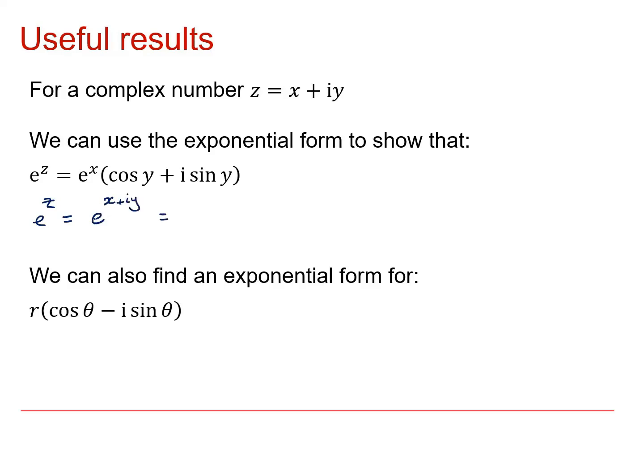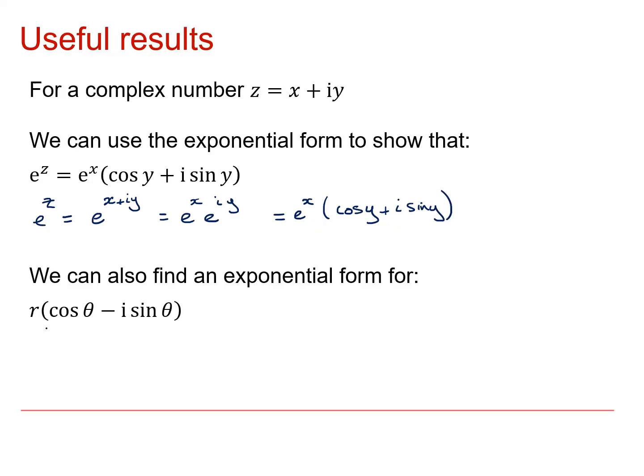But this just means e to the x times e to the iy, and we know that e to the iy is cos y plus i sin y. So this is just e to the x times cos y plus i sin y. This particular result can be very useful later when we look at some integration.